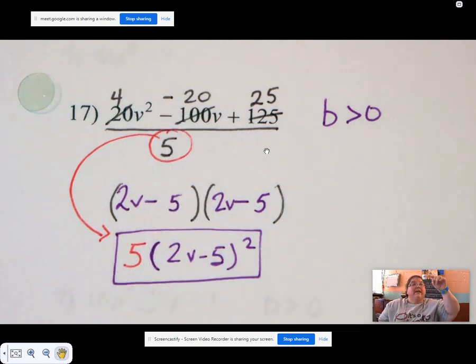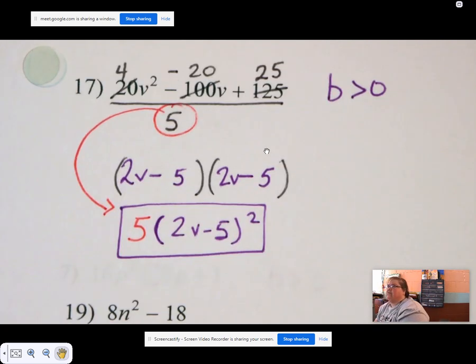Negative 5 times negative 5 is a positive 25. But what's negative 5 plus negative 5? Negative. Okay? So in order to satisfy multiplying to get a positive, adding to get a negative, they have to be the same sign because of the sum part. Does that make sense now? Okay, thank you. Any other questions?